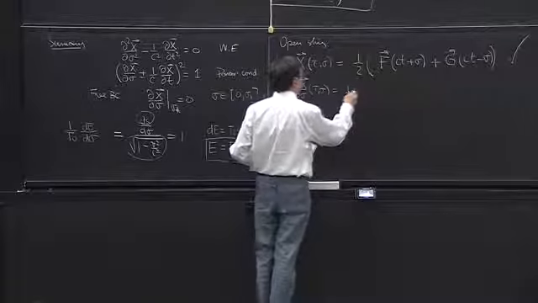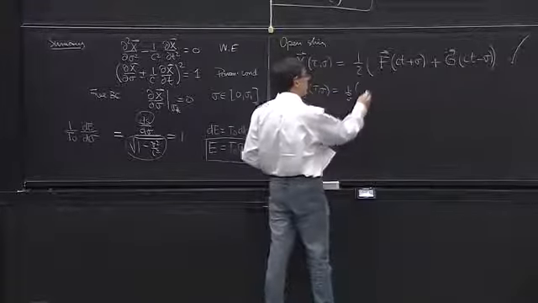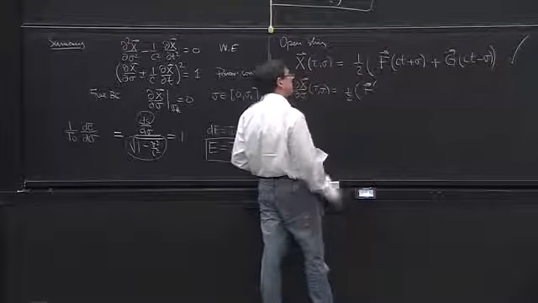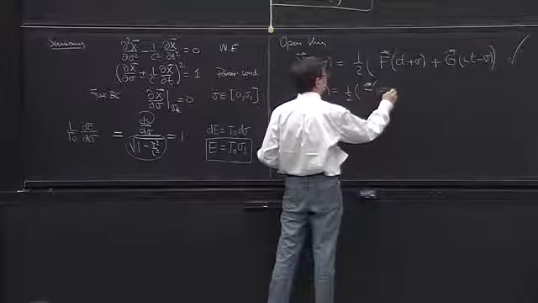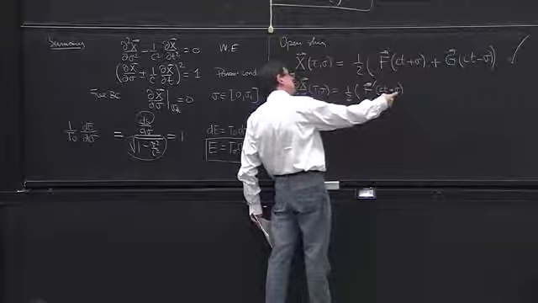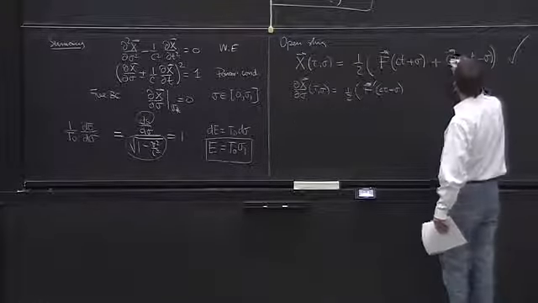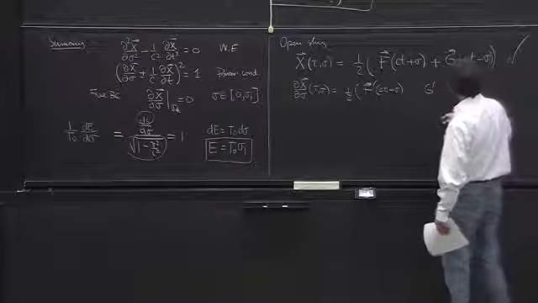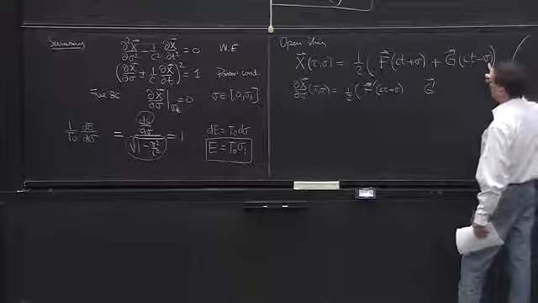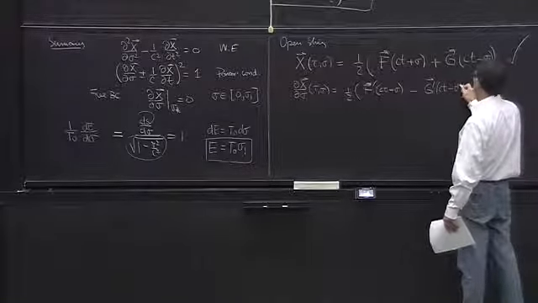And what do we have here? 1/2. You want to differentiate with respect to sigma. So we use this notation f vector prime, which means derivative with respect to the argument, ct plus sigma. And you differentiate the argument with respect to sigma, but that gives you 1. And then g prime, which is the derivative with respect to the argument, and the derivative of the argument with respect to sigma gives me a minus, of ct minus sigma.